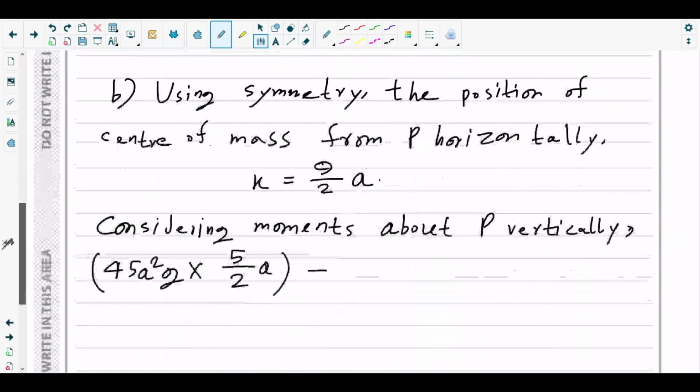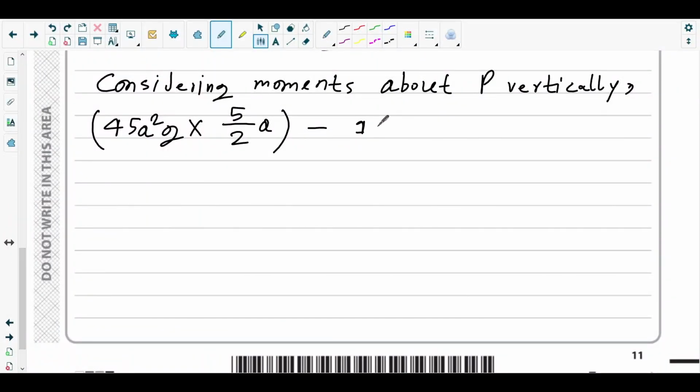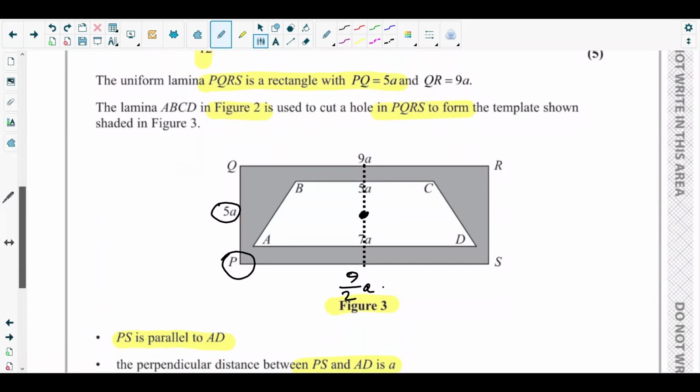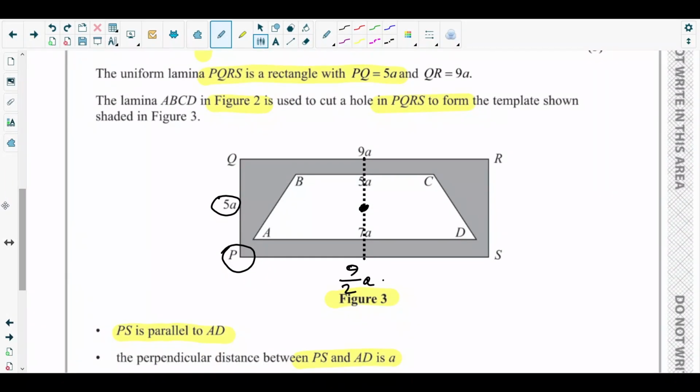Look here, it was 18 a squared g. So 18 a squared g times... now be careful while you consider the perpendicular distance of the center of mass of the isosceles trapezium, because we are considering moments from P. So we have to add this distance A to the previous distance.